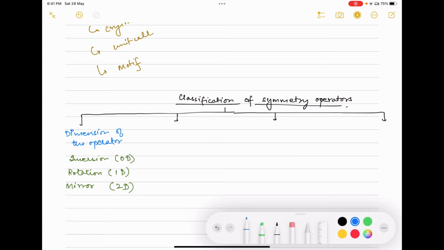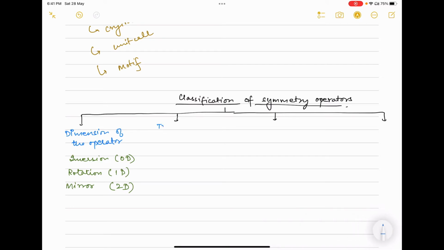Next classification is based on whether the symmetry operator takes an object to its mirror or enantiomeric form or not. Okay, so based on this, we can have different types of symmetry operators.